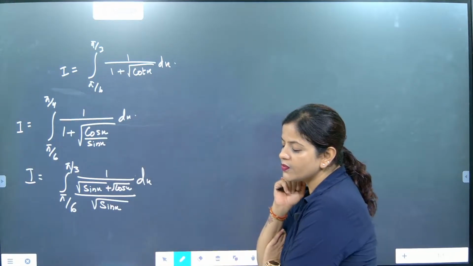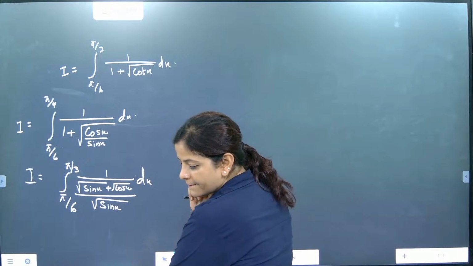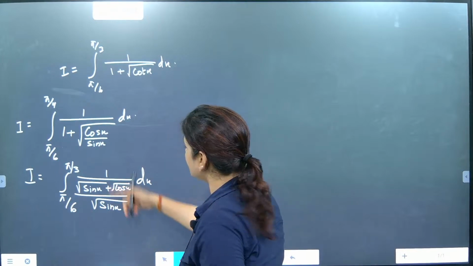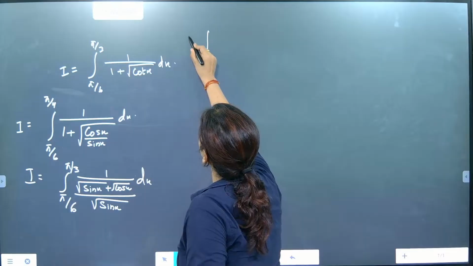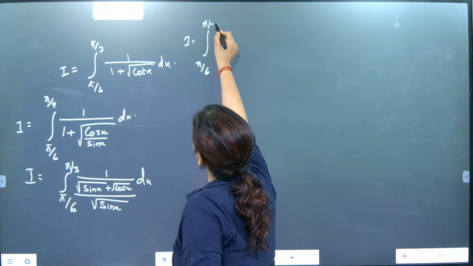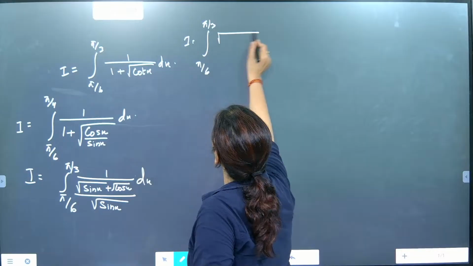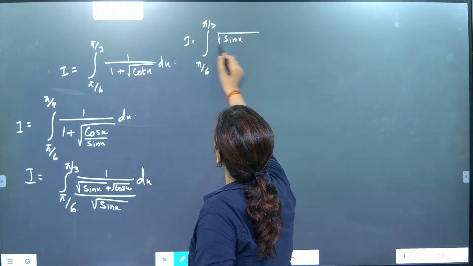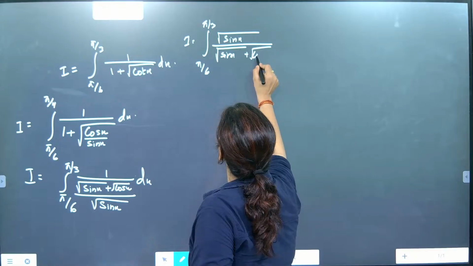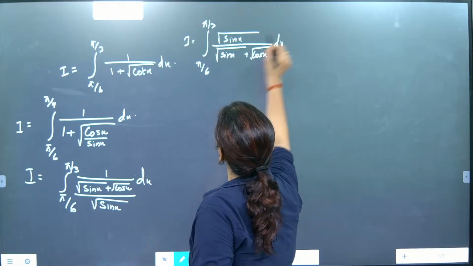After that, what we are going to do, just check one time. We'll do one small work, and that is, it will go up. It will become I is equal to integral from pi by 6 to pi by 3 of root under sin x by root under sin x plus root under cos x dx. Done.